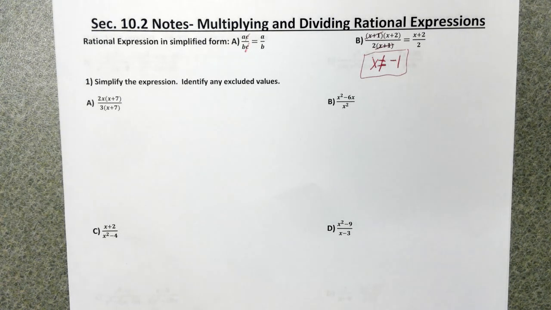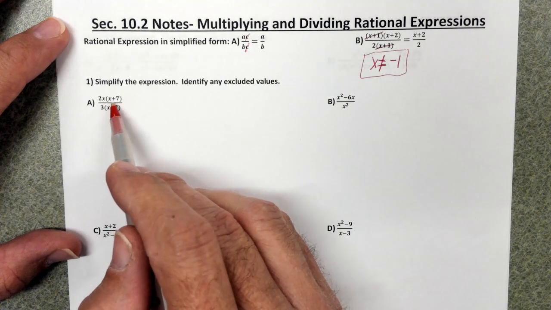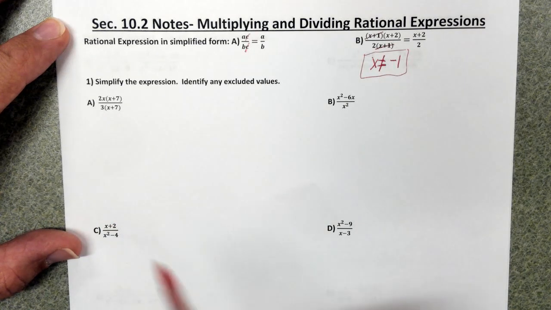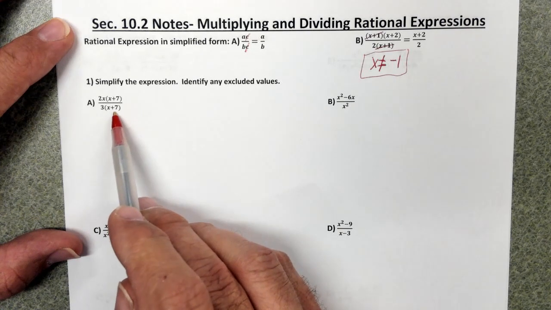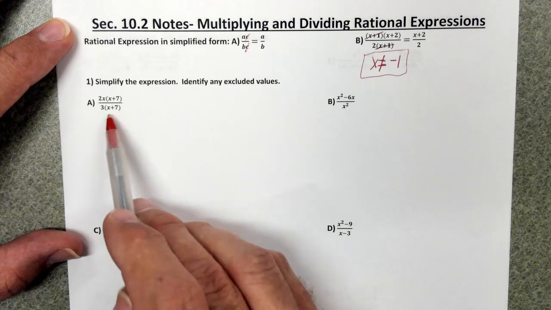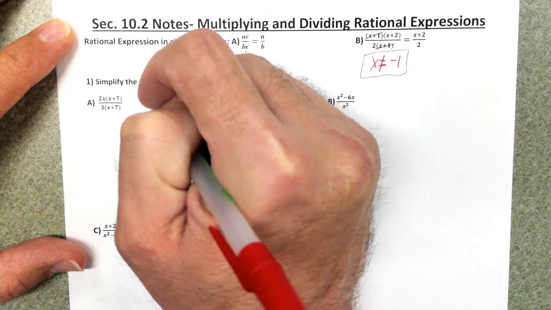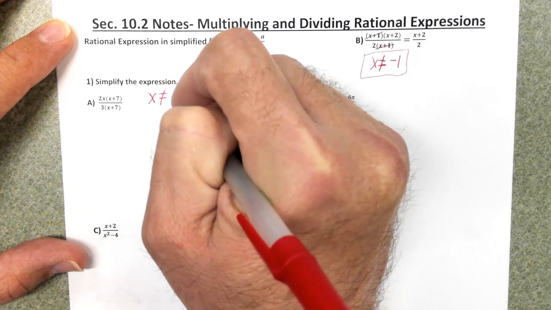All right, we'll look at a couple more here. So we've got 2x times x plus 7 over 3 times x plus 7. I'm going to start with my excluded values. As you can see, in the denominator I have x plus 7, so the only value that would make that denominator 0 is negative 7. So my excluded value would be x cannot equal negative 7.